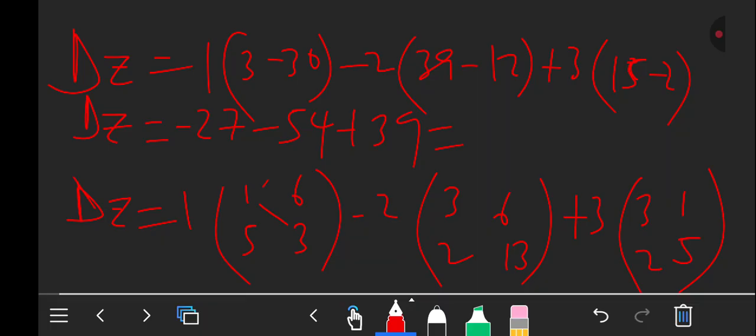So this will give us negative 81. So negative 81 minus 39.